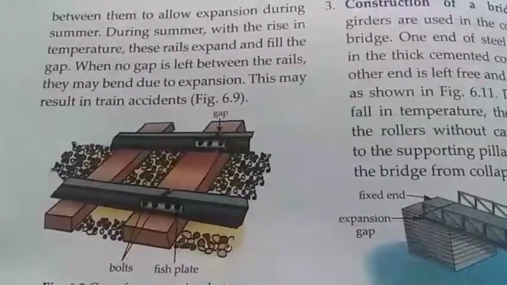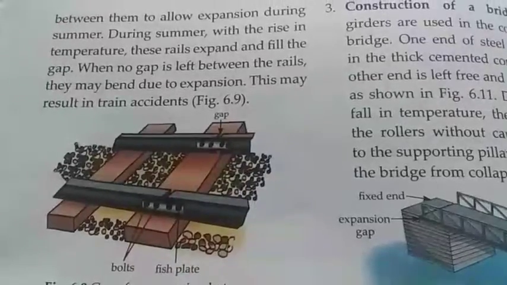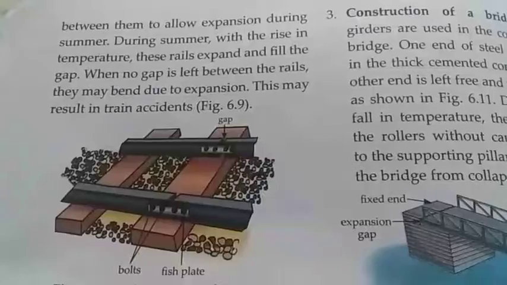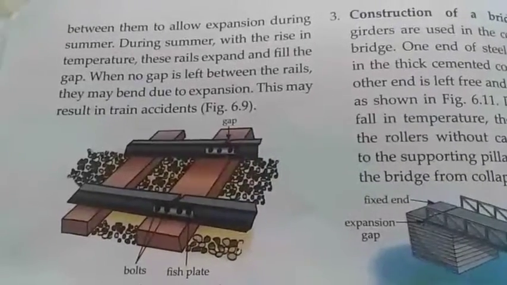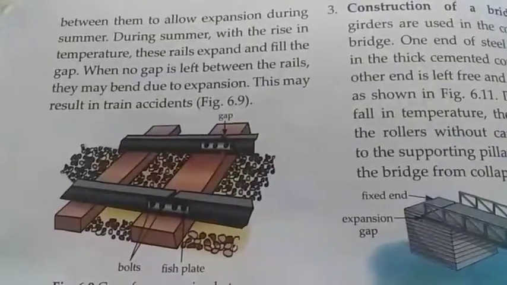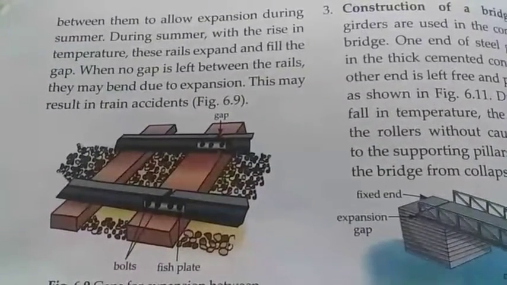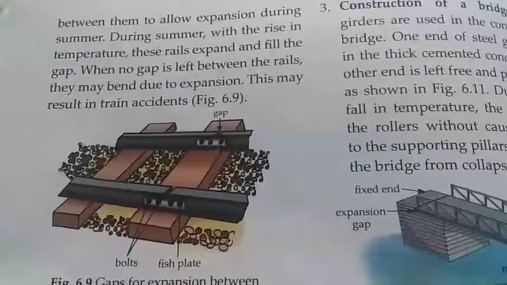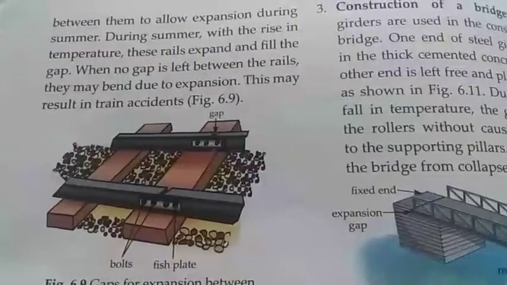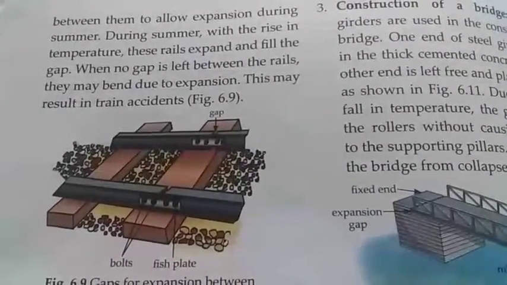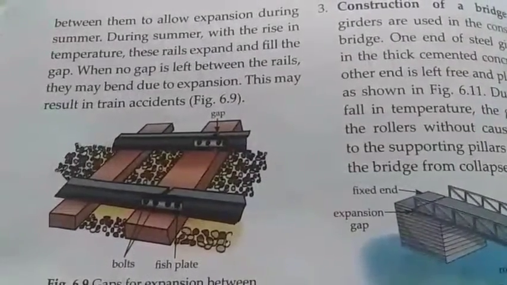Because we know that during summer there is thermal expansion. So with the rise in temperature during summer, these rails expand and they fill the gap. So what would happen if there was no gap? If no gap is there in between the rails, they may bend due to expansion, which may cause train accidents.